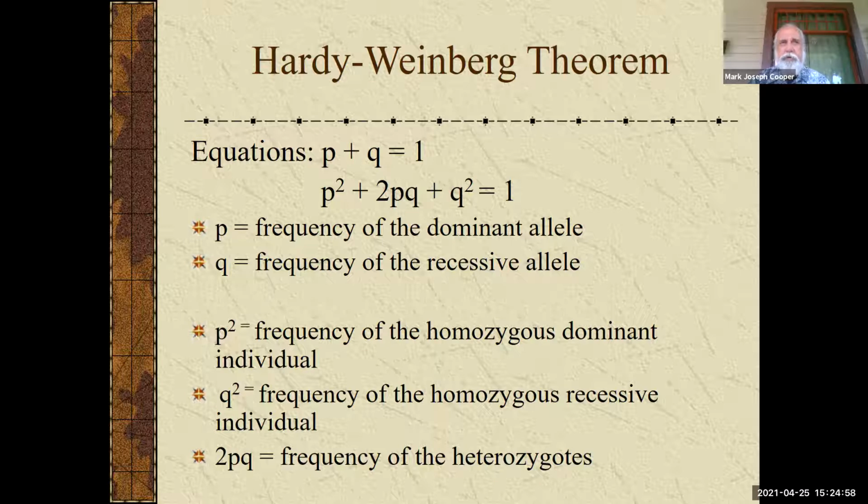So if we're using the letter R, two large R's. 2pq is the frequency of the heterozygotes. So that would be large R, small r if we're going to use the same letter. And remember that we would have two boxes in the crosses for that. And then q squared would be the frequency of the homozygous recessive individuals. And so I need you to memorize this.